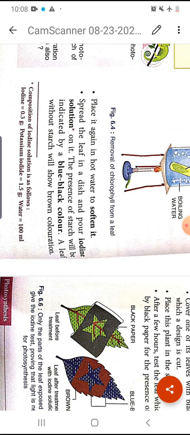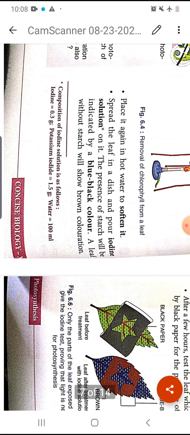The presence of starch will be indicated by a blue black color. If starch is present in the leaf, when we add iodine solution, that leaf will turn blue black.